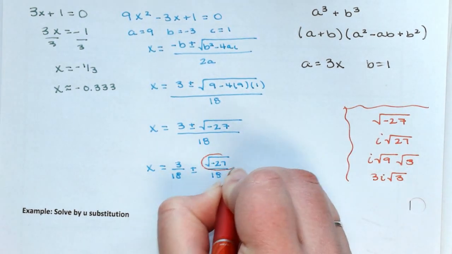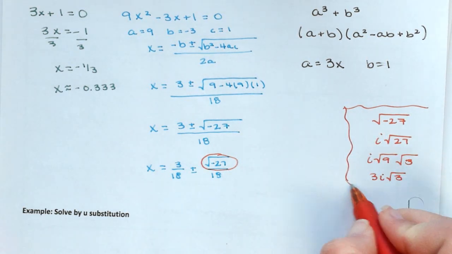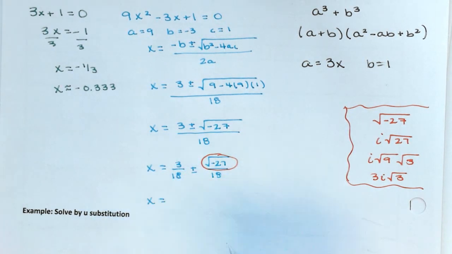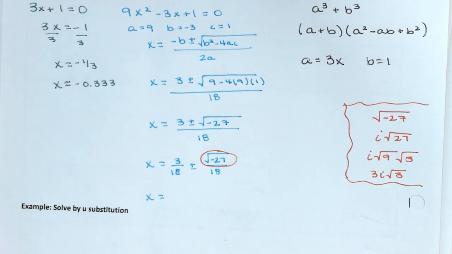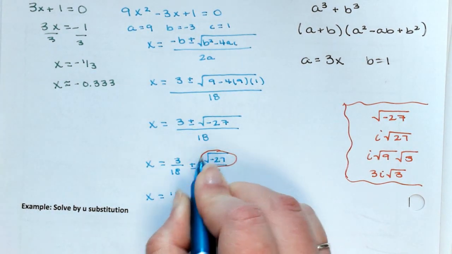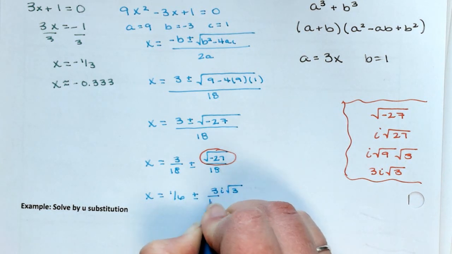And I'm going to replace that square root of -27 with what it equals. So I have x equals, what's 3 over 18 reduced to, though? I can reduce that. 1 over 6 plus or minus. That top is going to become 3i square roots of 3 over 18.